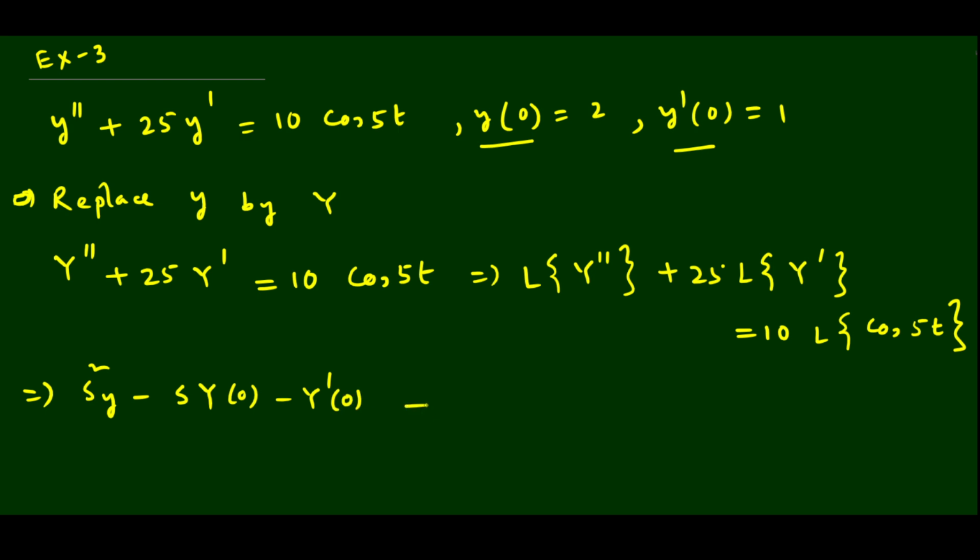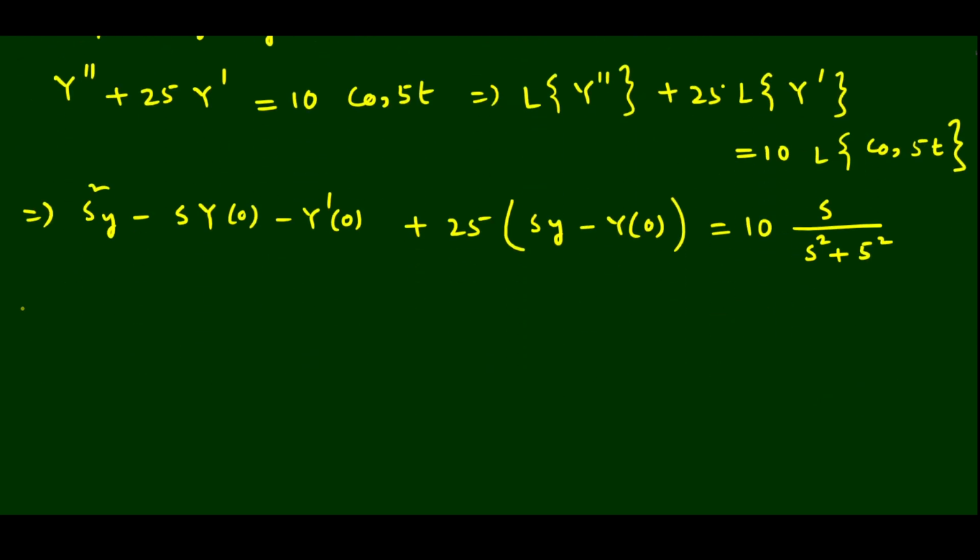This is one term. Then 25 into L of y dash, which is sY minus y of 0. The right hand side is 10 into the Laplace transformation of cos 5t, which is s divided by s square plus 5 square.